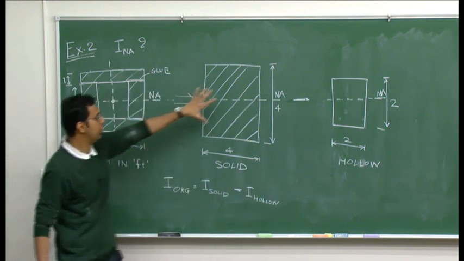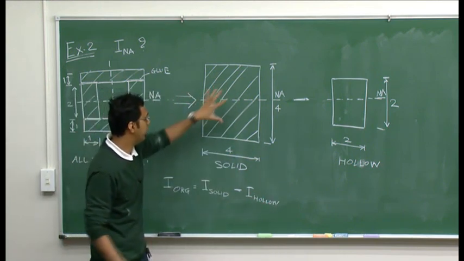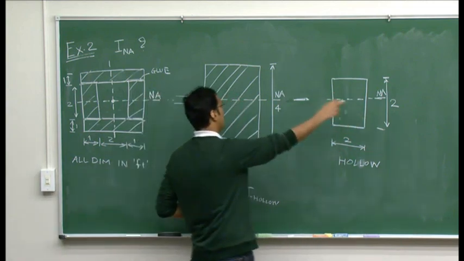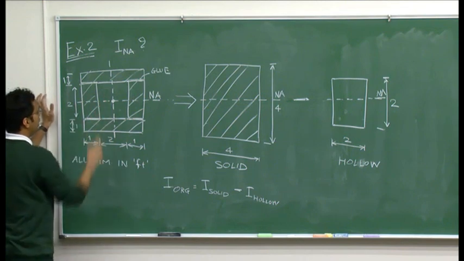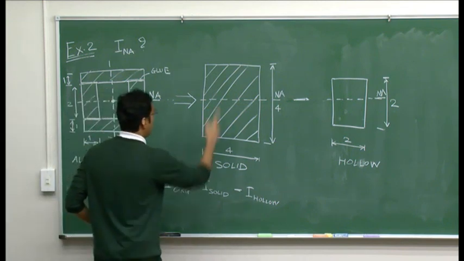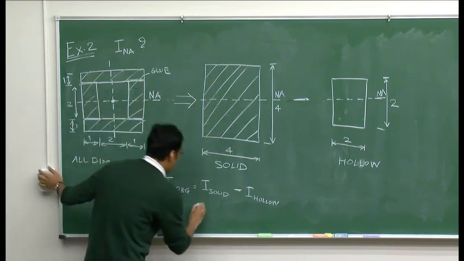Find the moment of inertia of the center solid area and then subtract the moment of inertia of this hole, because in the actual beam cross section we don't have any material in the center. So this becomes a very simple problem now.